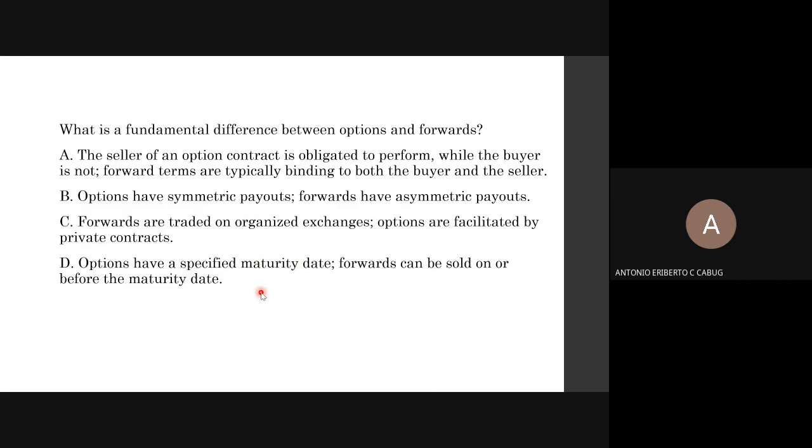What is a fundamental difference between options and forwards? I'll give you a few minutes to think about it.